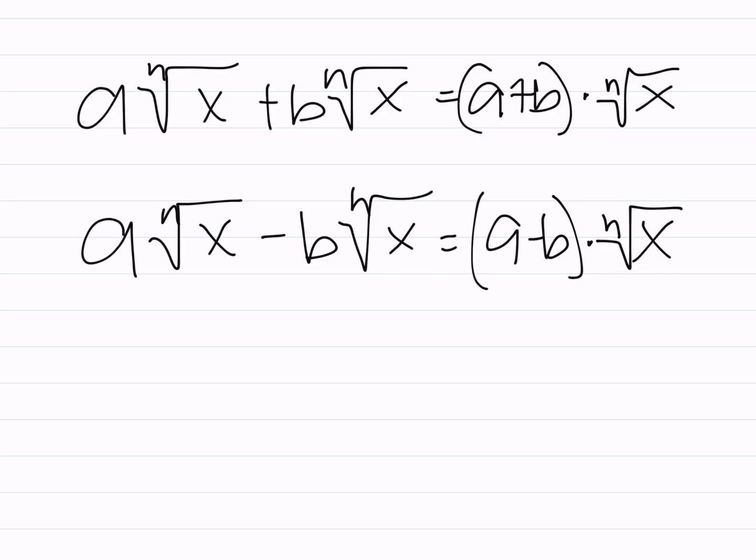So let's try to solve this. Let's have an example. Combine the following radicals. First, negative 12 square root of 2 plus 4 square root of 2. This is an example of adding and subtracting radical expressions. As you can see, the radicand and the index are the same.